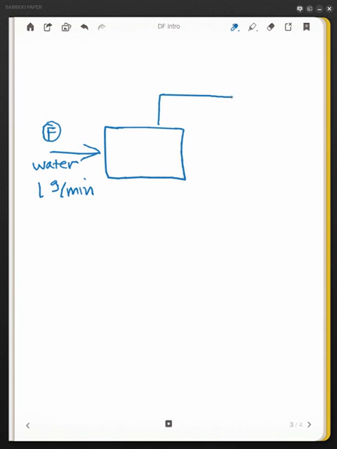And suppose it's coming out in two different product streams. So we're going to call that product stream 1 and product stream 2. So this would be what's called the splitter, because there's nothing changing with respect to the composition. All that's happening is that the flow rates are being split into two.